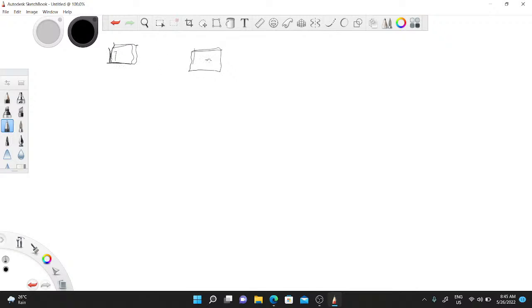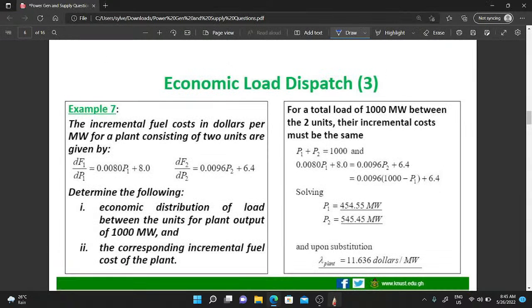They've given us the incremental fuel cost. So the incremental fuel cost is dF1, like the differential of the fuel cost with respect to the output. So for the first one, dF1/dP1 is given by this. Note that he could have given us another question where we know that F1 is, let's say, 2P1 squared plus 3P1 plus 4.